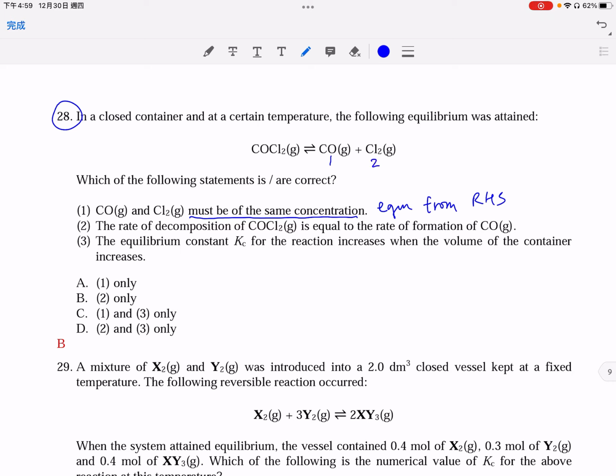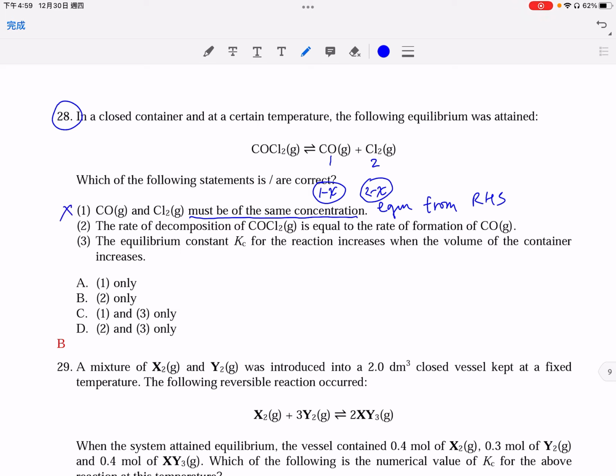Then when the equilibrium is reached, CO and Cl2 may have different concentrations. So statement 1 is incorrect.